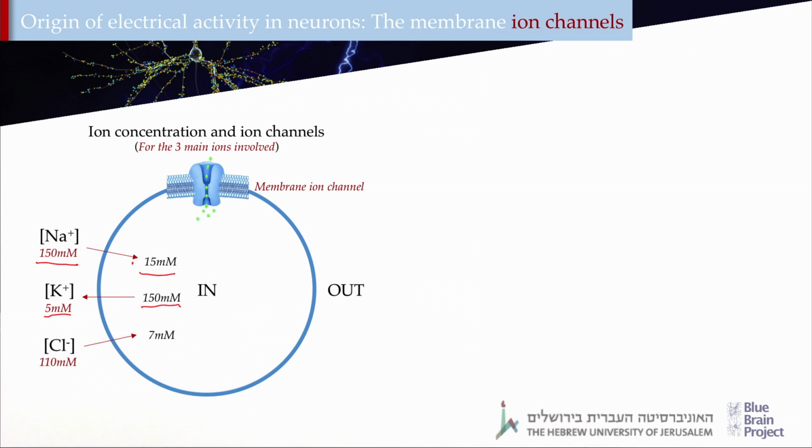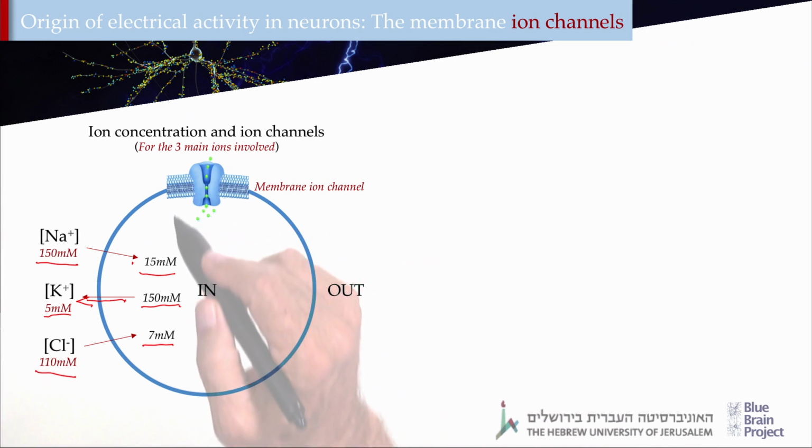So if I open a specific ion channel for potassium, the current flows from inside to outside. And so is the case for chloride. It's highly concentrated in the outside. It's much less concentrated in the inside. And this will enable chloride to flow from the outside to the inside in case a chloride channel is open.